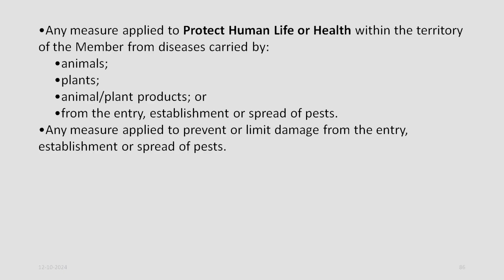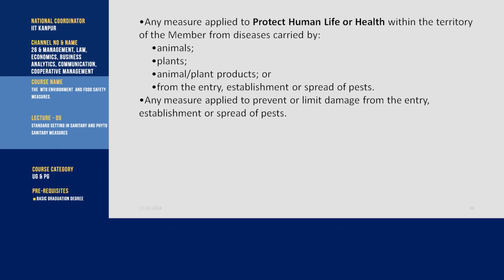Sometimes they are the meat that is in raw form, that is also covered. So animal simply doesn't mean, or we cannot confine the definition to the living animals, but that covers the food that is derived from the animal, the living animal, the dead animal, or the products that are made from the animal. Similarly, it is for the plants, the living plants, the dead plants, or the products that are derived from the plants.